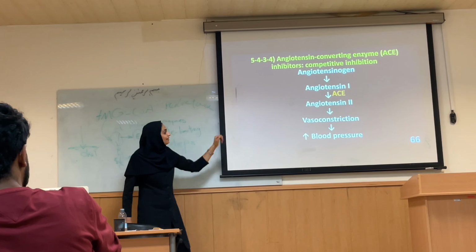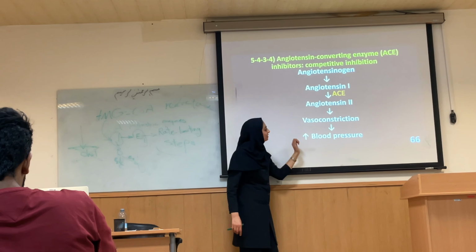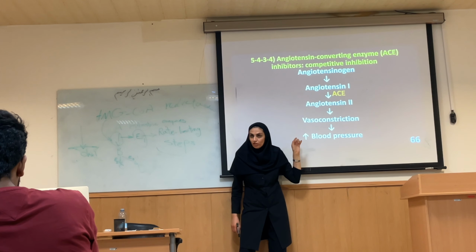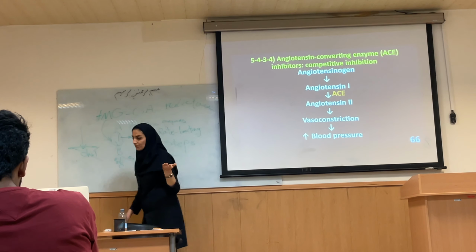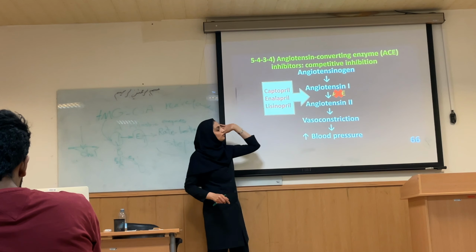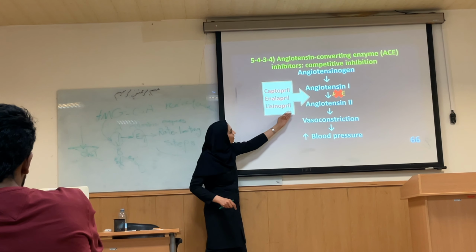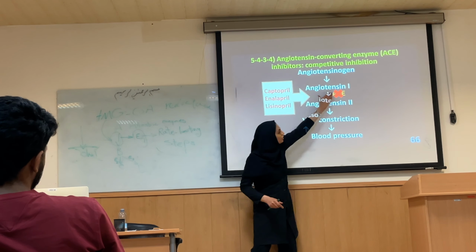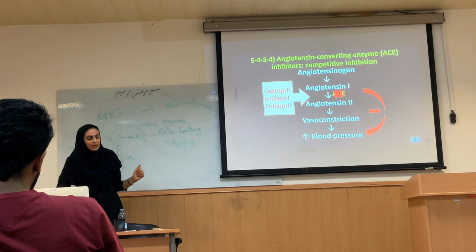It is an enzyme that helps constriction of arteries and increases blood pressure in physiologic situations. If a patient comes with hypertension, drugs like losartan, captopril, enalapril, and lisinopril are prescribed that inhibit angiotensin converting enzyme in a competitive manner.